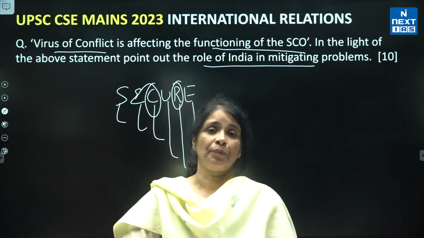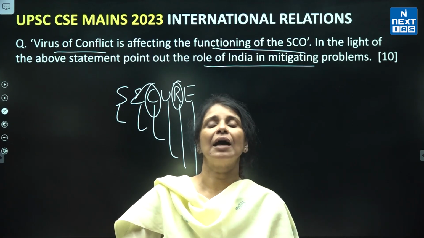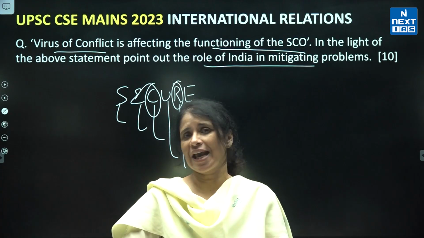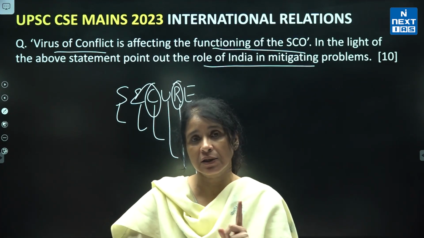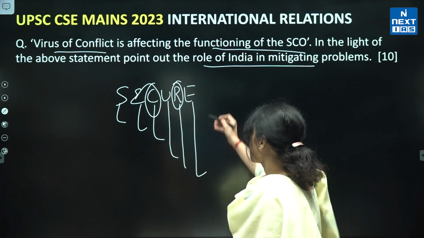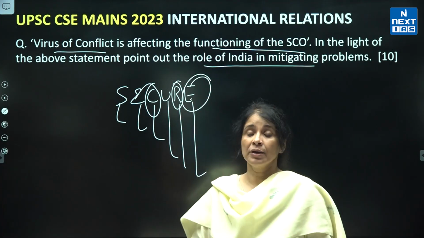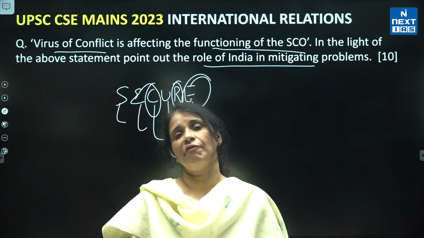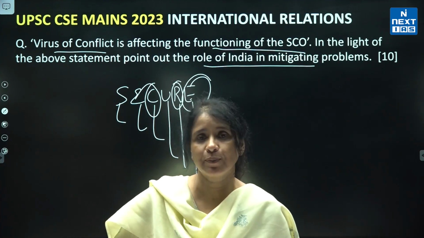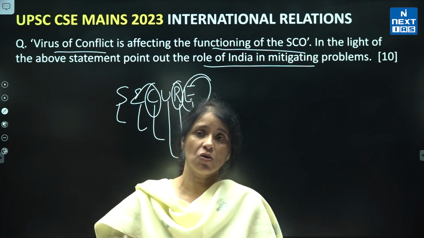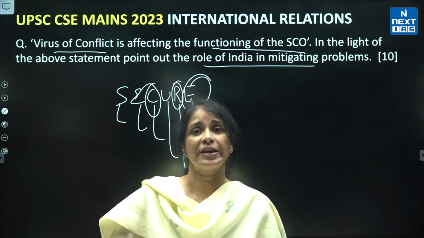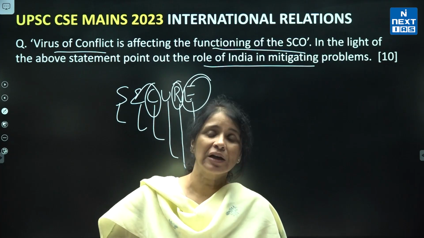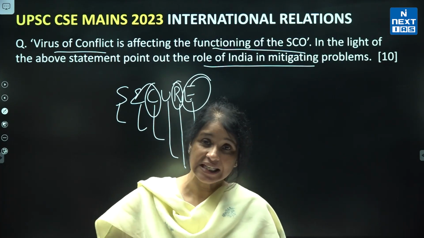And another area where we all need to come together, because we cannot resolve it alone, is climate related issues. So this is E, environmental issues. Here also India is now playing a very important role in climate diplomacy, and within SCO also India can continue its efforts to bring all of them together, because none of the countries can deal with it alone.